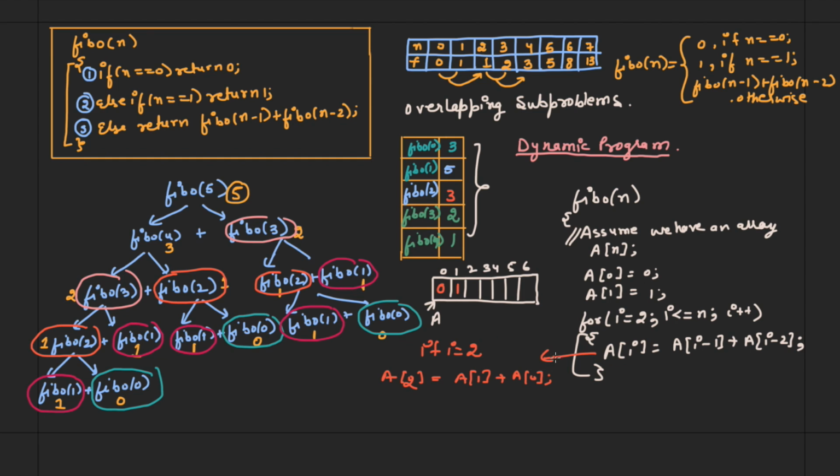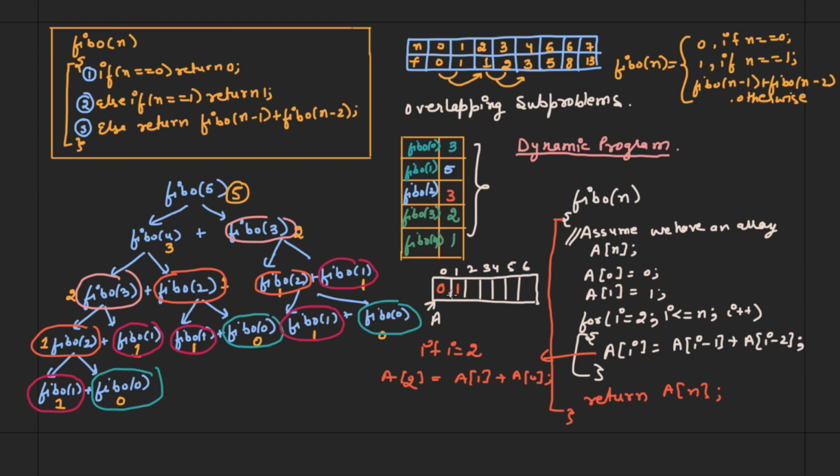Now we are going to use those values till we reach the number n. After that, you can just return the value of A of n, and this will give the Fibonacci of that number. So this is a non-recursive program where instead of calling these again and again, we just store their values so that we can use them at a later point of time.